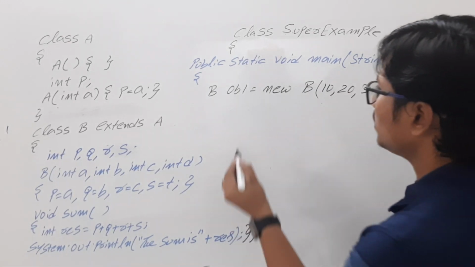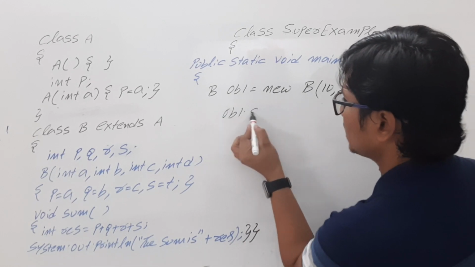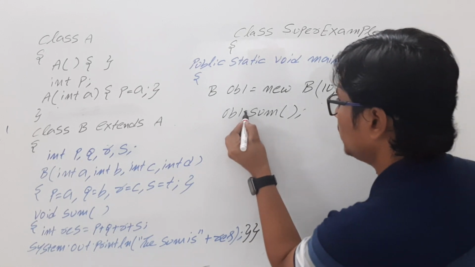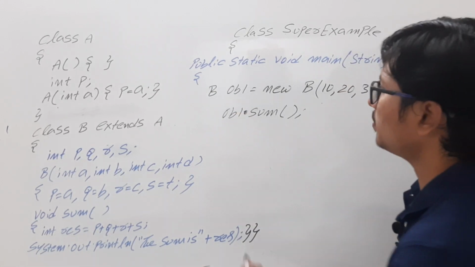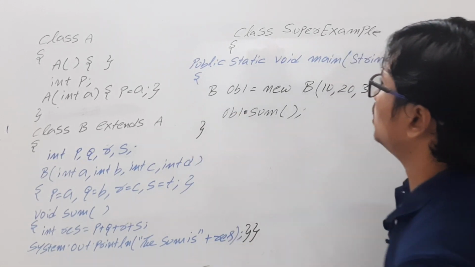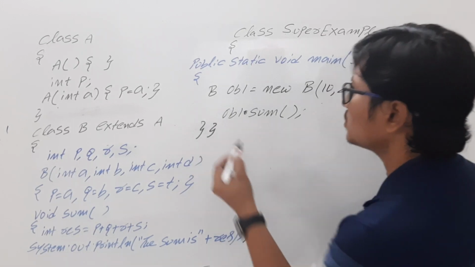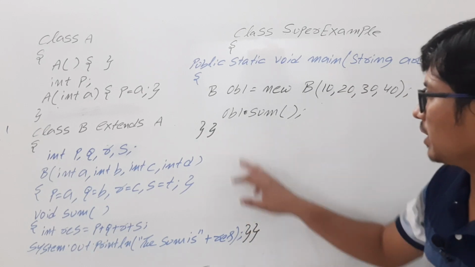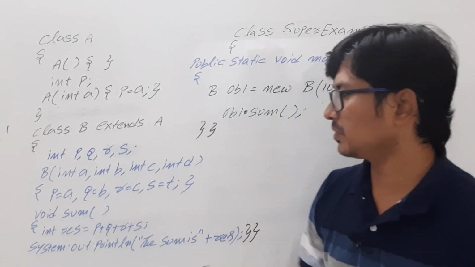Then I will call the method called sum using the object ob1. ob1 dot, see, the dot operator. Now let me close the main method. Let me close the class SuperExample. Now what will happen with ob1 dot sum?